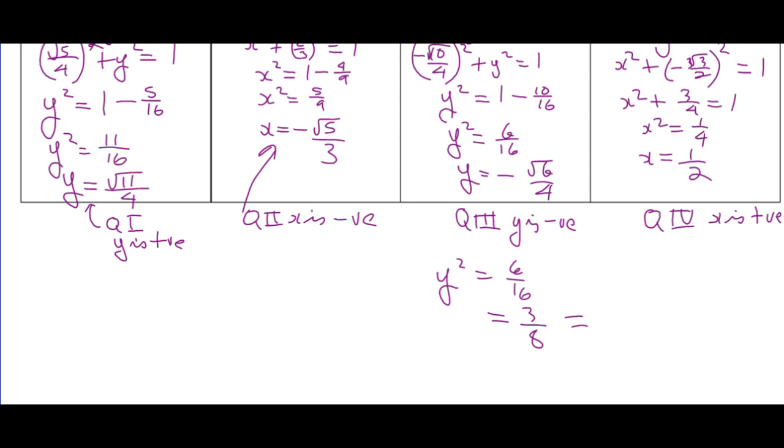Which we are then going to say is the root of 3 over 8, which is root 3 over 2 root 2, and then we're going to rationalize the denominator and end up with root 6 over 4.